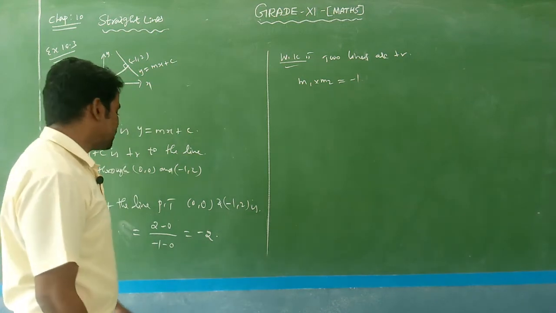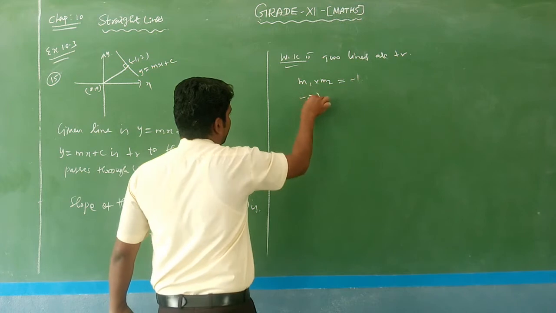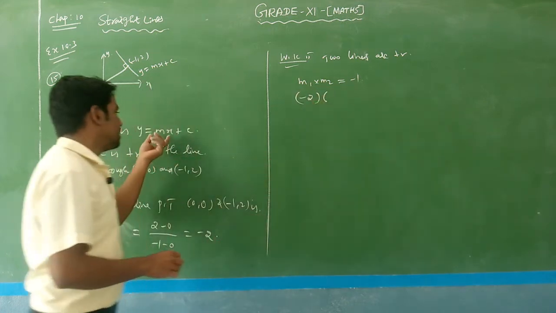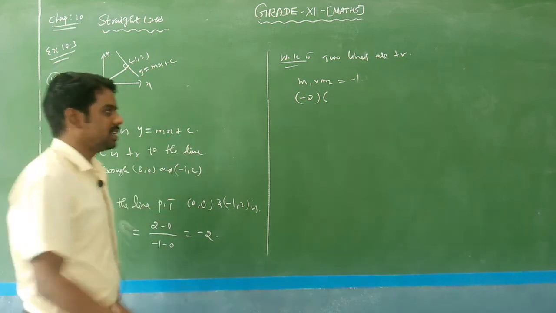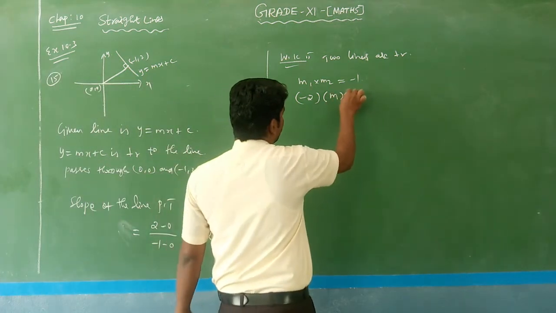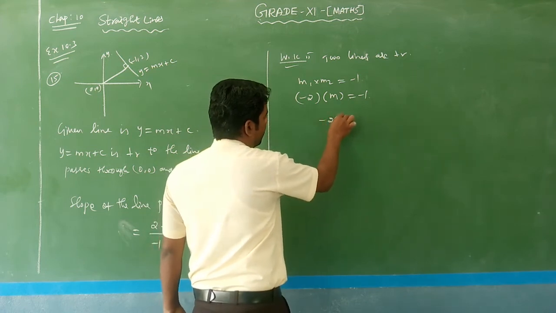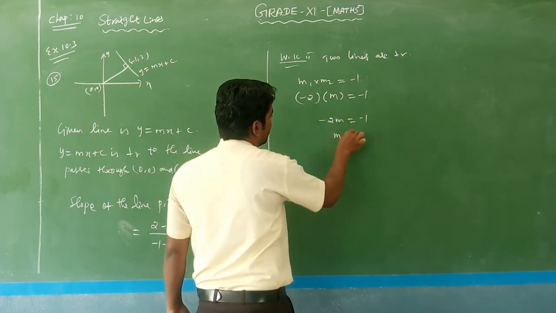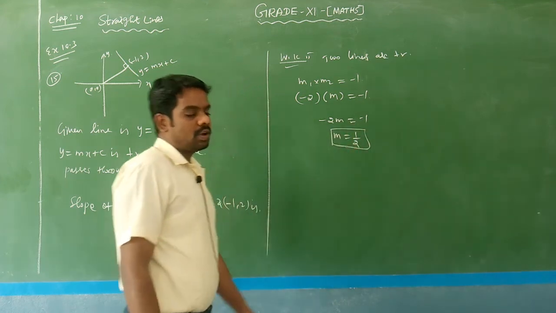Here m1 is minus 2, the slope of the perpendicular line, and m2 is the slope of y equal to mx plus c, which is m. So minus 2m is equal to minus 1, and m is equal to plus 1 by 2.